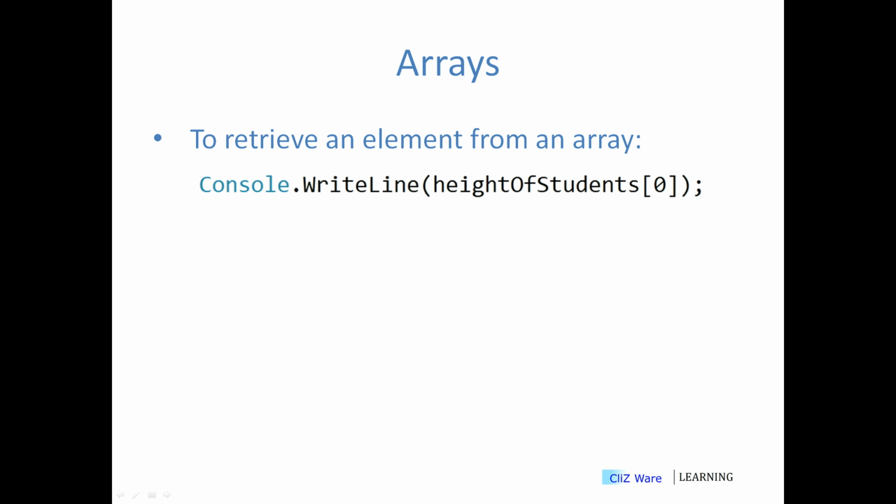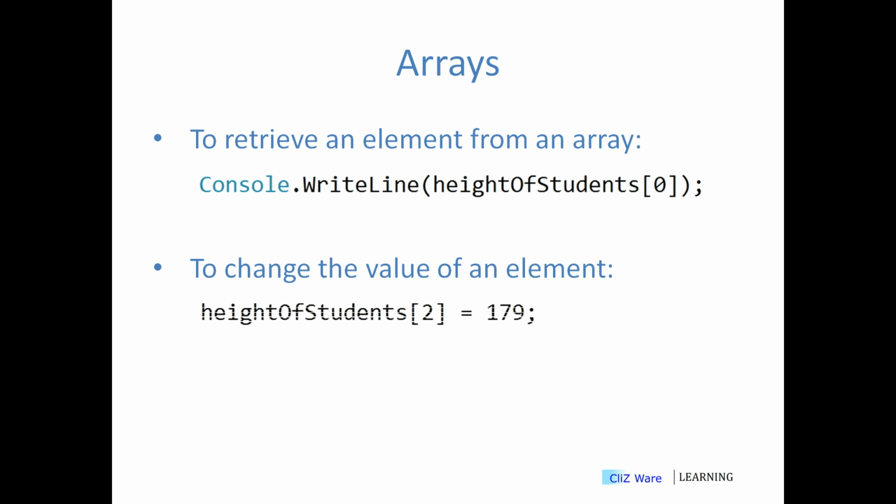If it's the first item, then you should enter 0, and from that point you can just continue 1, 2, 3, etc. To change the value of an element, we work basically as we did with variables: enter height of a student, use these brackets, enter 2 equals 179.